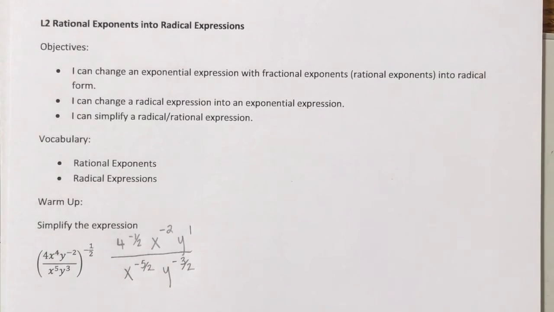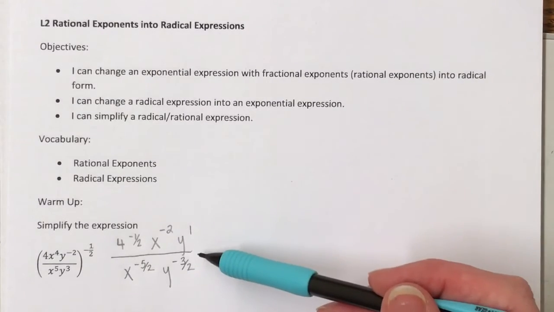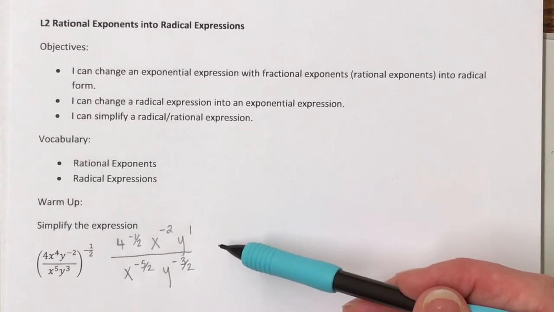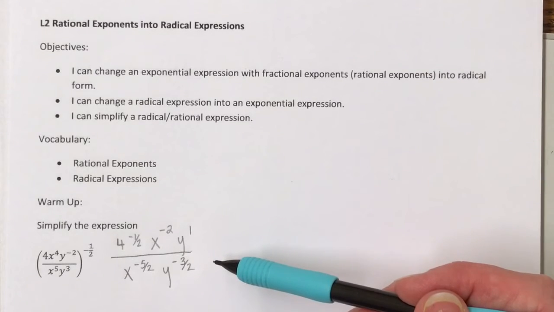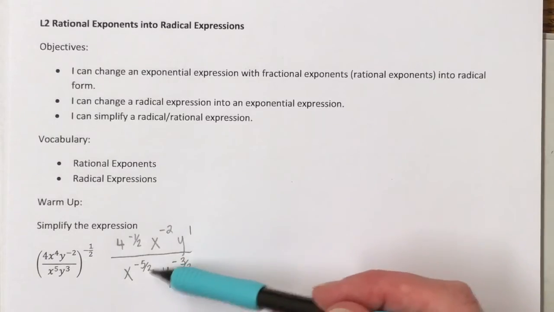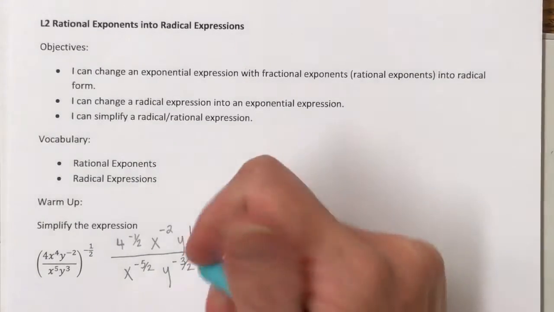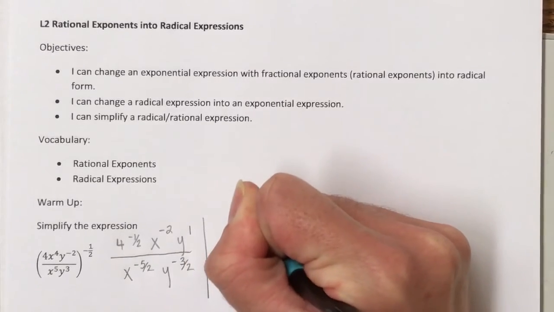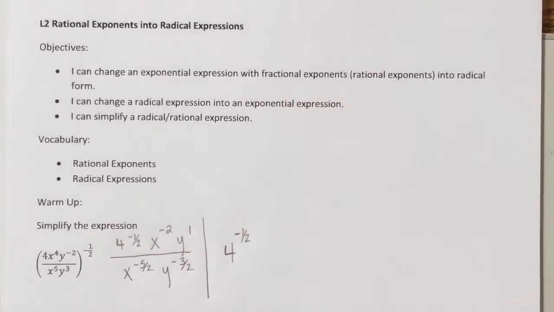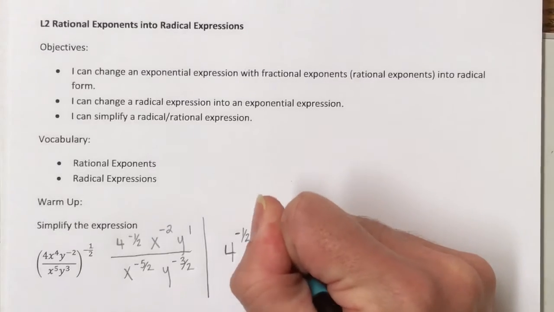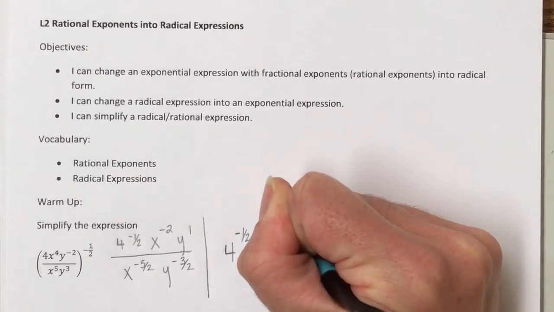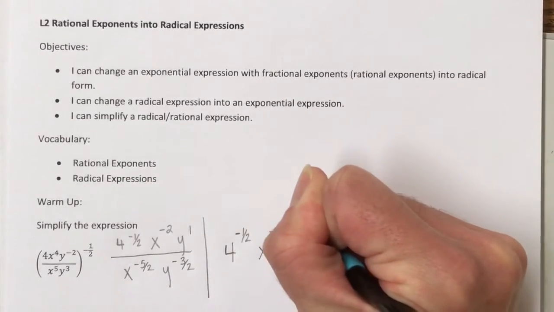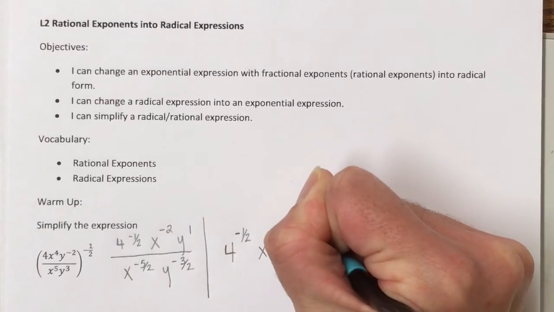Okay, so the other thing that stands out is I have a division bar. And if you remember, to get rid of division, the rule is subtract your exponents. So I'm going to set it up. So 4 to the negative 1/2, and in just a minute I'll simplify that. Then x to the negative 2 minus negative 5/2.